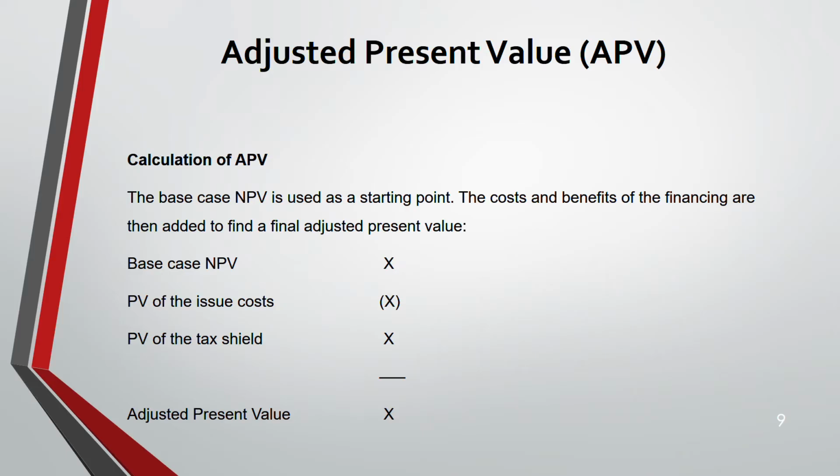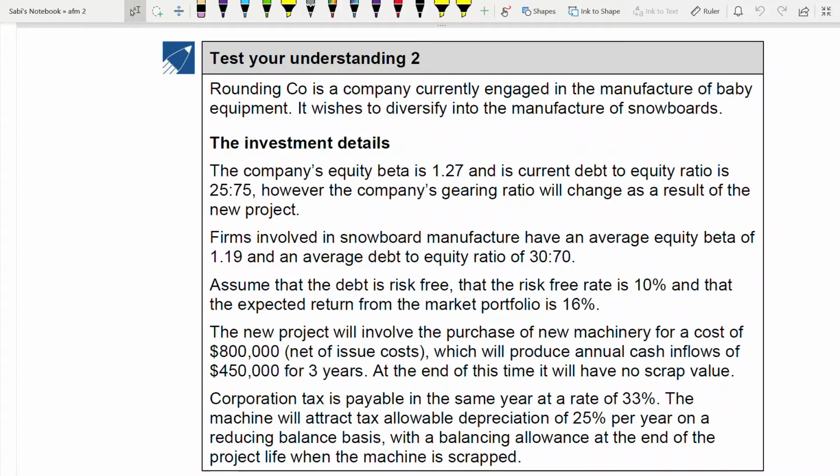Okay, but before that let us do test understanding 2. This is a detailed question, and the calculations will be a bit longer here. Because time is limited in your AFM exam and you have a lot to read, how do you save time?